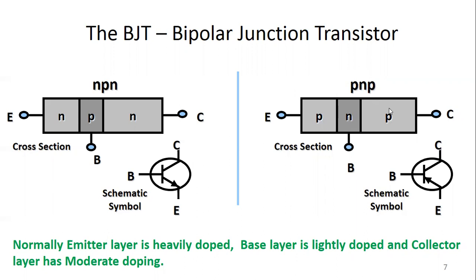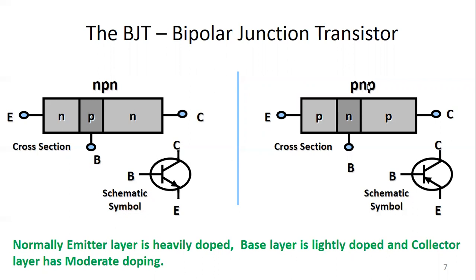Okay? And of course, in NPN type of BJT, the current flows from the collector to emitter. So this arrow indicates the flow of current, and this is the symbol of NPN transistor.